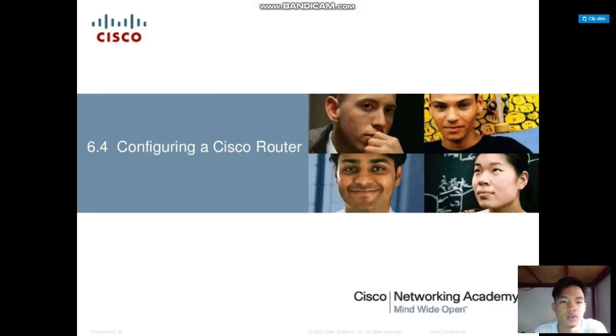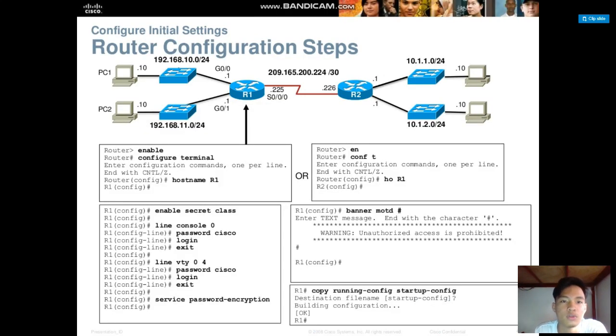Configuring a Cisco router. These are the steps on configuring a router.